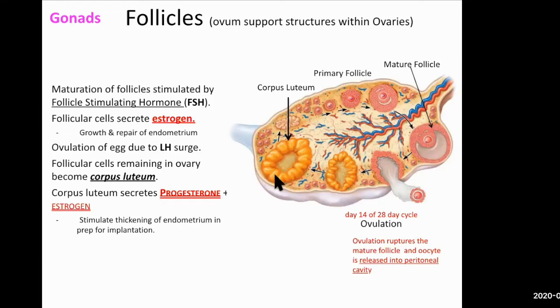It becomes part of the endocrine system, which is going to secrete progesterone and estrogen, which is also going to have effects on the endometrium of the uterine wall. That's the corpus luteum. So those are the main ones you want to know: a follicle with the ovum in it, and I won't ask you about the particular stages, and then that corpus luteum, which is basically an endocrine gland at that point, secreting progesterone and estrogen.